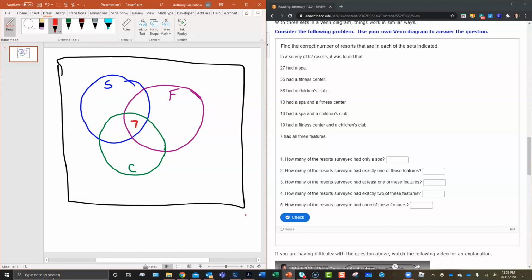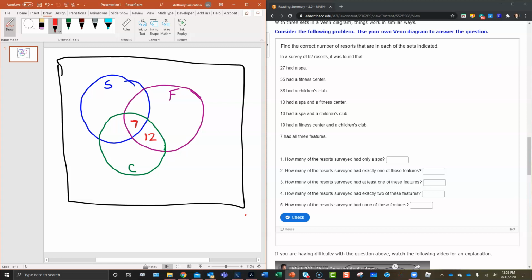When you look at, as you move up the list, 19 had a fitness center and a children's club. So that would be the overlap between F and C here. There's 19 in total, but 7 of them also include having the spa. So this number in here needs to be a 12. Going up the list again, 10 had a spa and a children's club. So you're looking at the overlap of the blue and green circles.